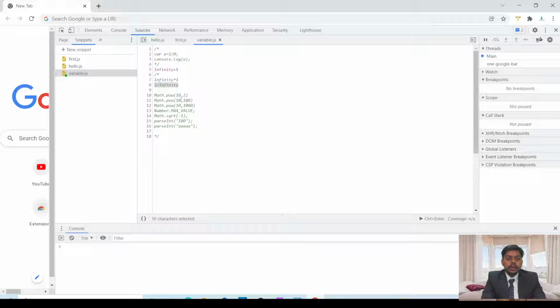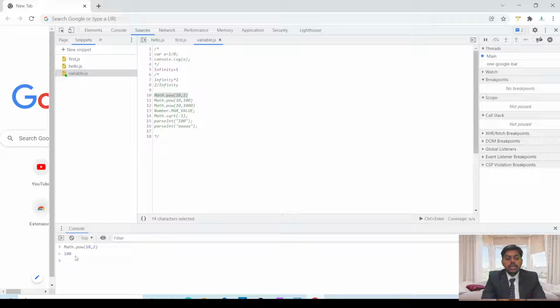For finding the power of any exponential values, we use Math.pow, and in that we write the base and the power to which it has to be raised. Suppose we want to calculate 10 raised to the power 2, then we will write Math.pow(10, 2). Hit Enter.